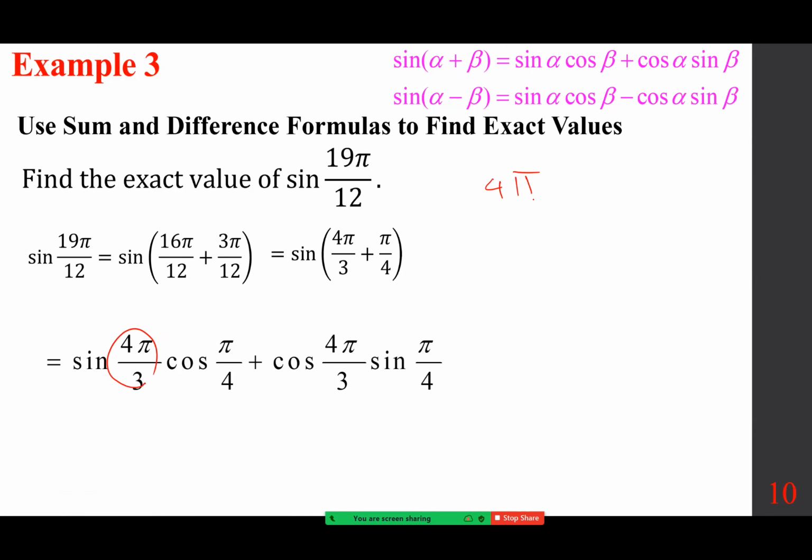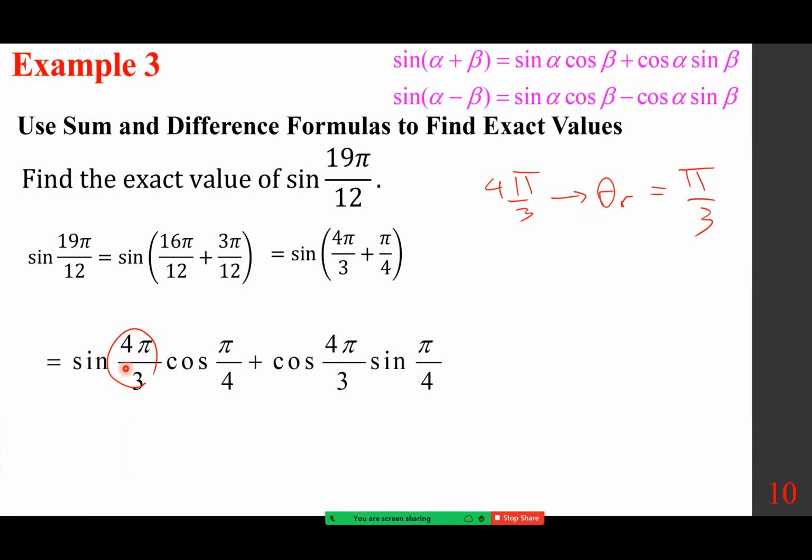When we have 4 pi over 3, the reference arc is pi over 3, which means this is the same as sine of pi over 3, which is square root of 3 over 2. You figure out the quadrant, it makes it positive or negative. So we know the numerical value is square root of 3 over 2. We need to figure out positive or negative.